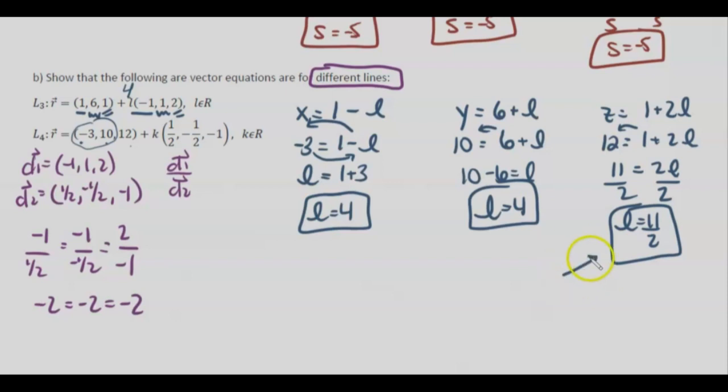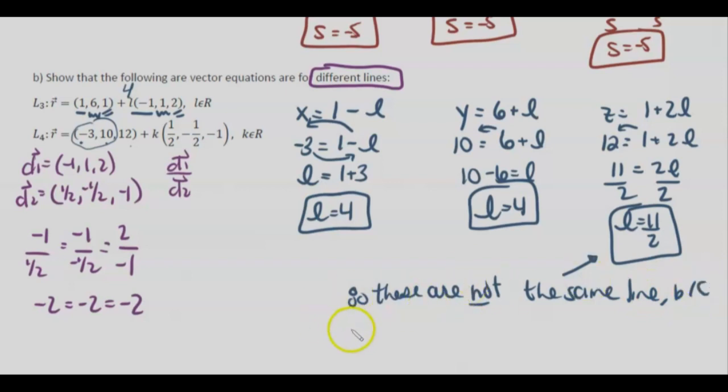Okay, so since this is not the same line, these are not the same line because the L's are not the same.